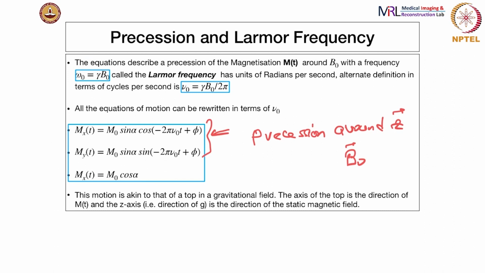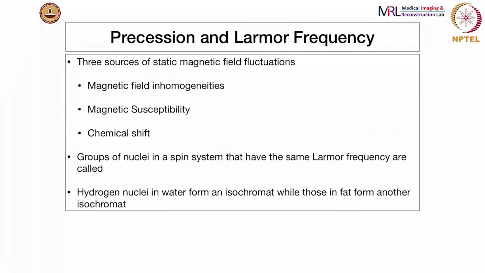Sorry, I said electric field, that was a mistake. So these two equations denote a precession around that direction, right? Because if you look at this, the Mx and My are periodic, or in this case sinusoidal motion.